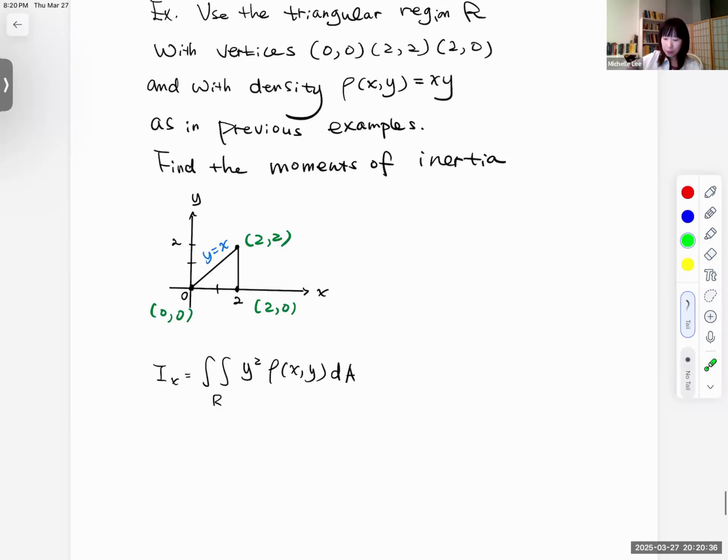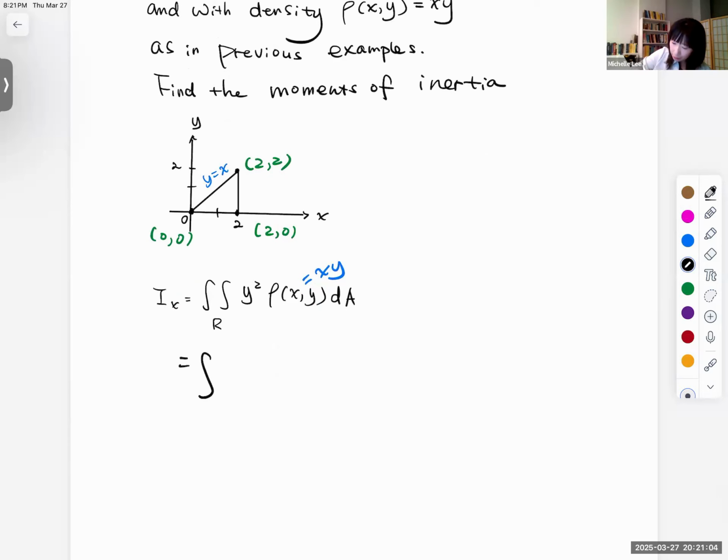Now we want to find moments of inertia, right? So the formula is I sub x equals the double integral of y squared times the density function. We have a density function which is xy. Let's multiply together.